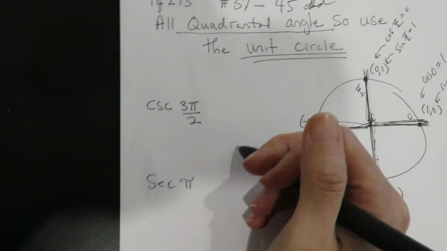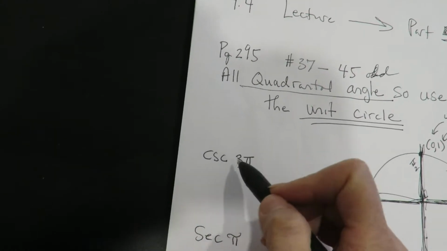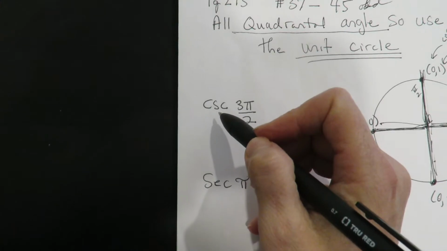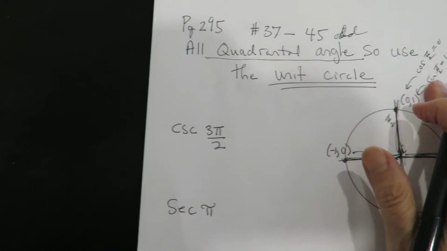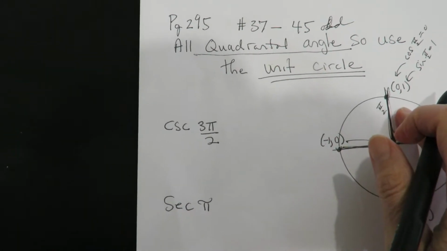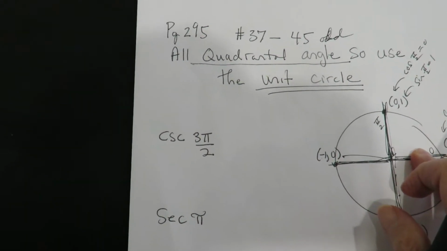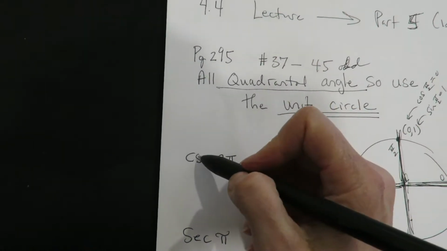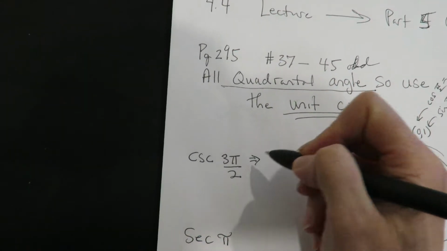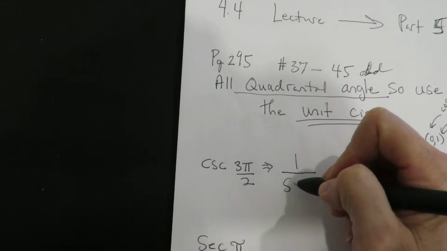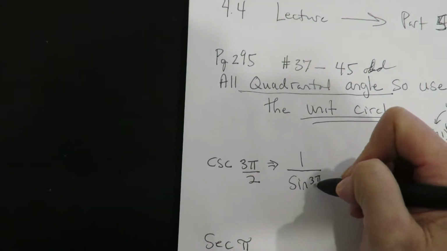When I start to answer these questions, one problem you're going to run into is that the question is not in terms of sine and cosine, which is what the unit circle is in terms of. So you have to convert it into something you can use the circle for. Cosecant is the same thing as 1 over the sine. So cosecant of 3 pi over 2 is 1 over the sine of 3 pi over 2.